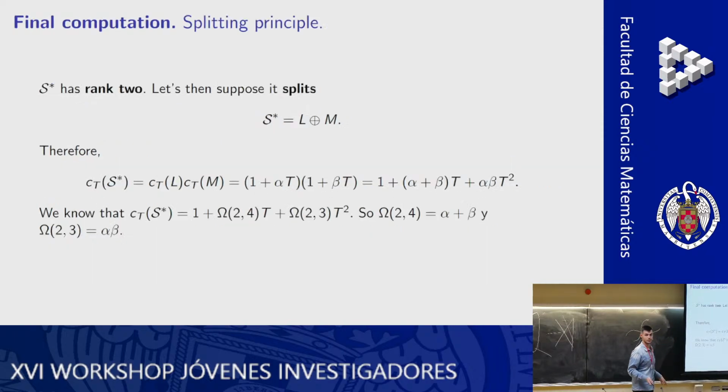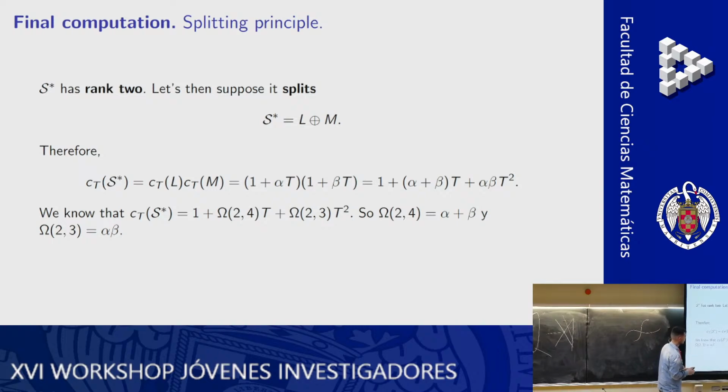So using that, it's only computing, because now S star has rank 2, so let's suppose it splits in 2 line bundles, because they have rank 1 each of them. And then the Chern polynomial splits like this. We make the multiplication and we get that expression.